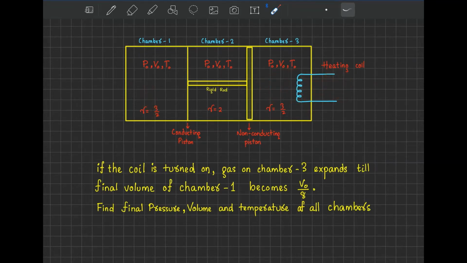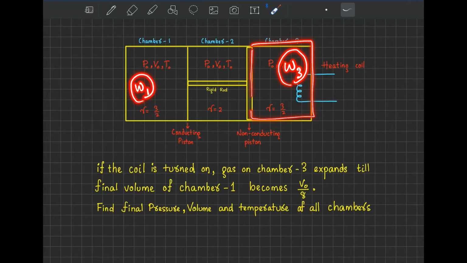Another thing we can say: this piston's displacement and this piston's displacement are the same. That means whatever work is done by chamber 3 is the same work done on chamber 1, but chamber 3 is expanded, right? And chamber 1 gets compressed.